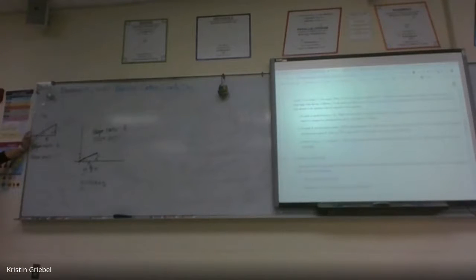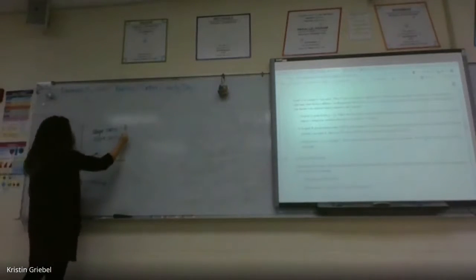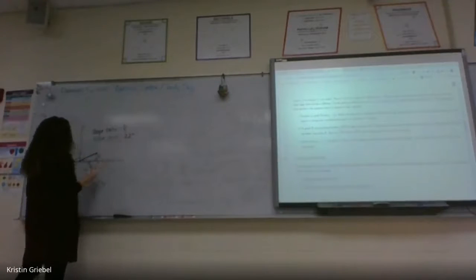We went from 1/5 to 2/5. How do I go from 1/5 to 2/5? You multiply by 2, which is the same thing as adding another fifth, right? So doubling this, which would make it 22 degrees. There you go, good job. So it's around 22 degrees.